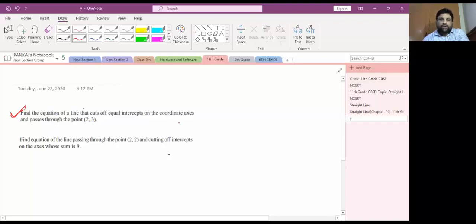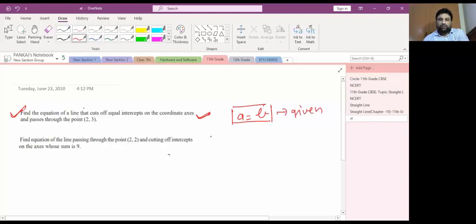This question is based on the concept of equation of line, and here we can apply the intercept form. It is given that A is equal to B. If a line cuts equal intercepts from the coordinate axes, it means A is equal to B.